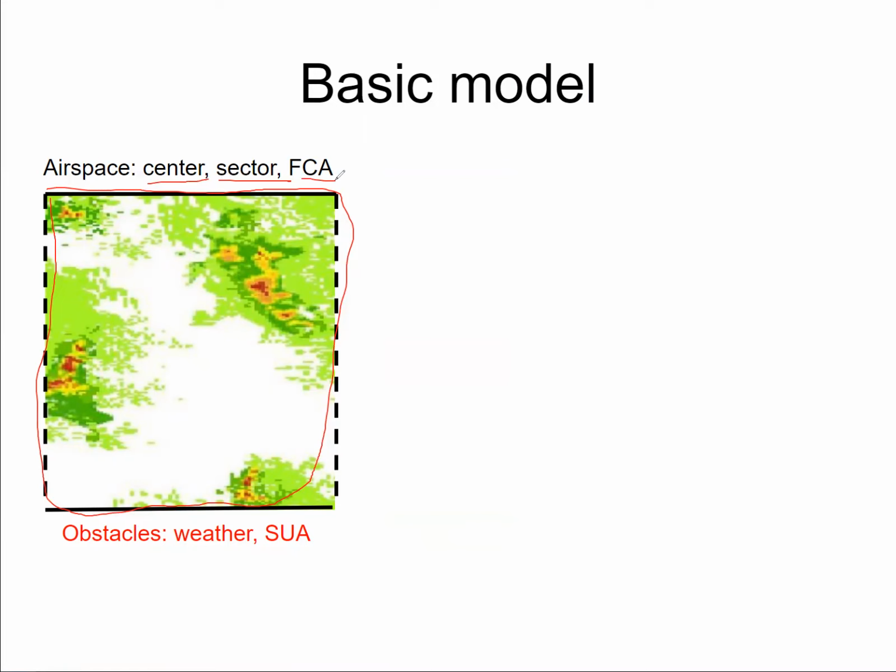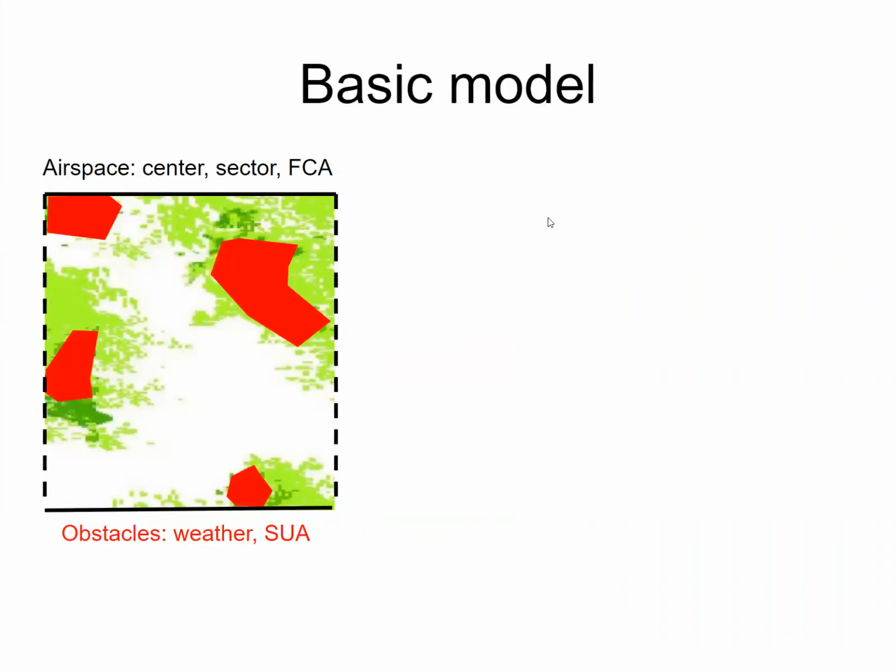It doesn't matter which particular airspace it is. And some parts of the airspace are blocked. They may be blocked by hazardous weather systems, by so-called special use airspaces through which the flow is forbidden. It doesn't matter. There are some no-fly zones. So these red obstacles will represent the no-fly zones for the aircraft.